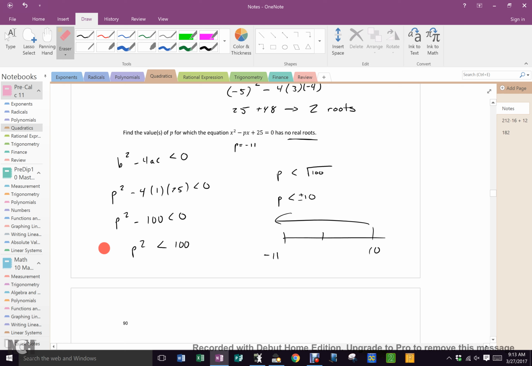So it's not plus or minus 10. Where does this live? It has to be less than 10. But what else? Greater than negative 10. Because as soon as I go to negative 11, it doesn't work anymore, does it? Does everybody understand?